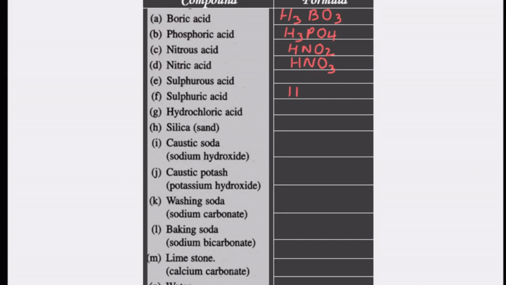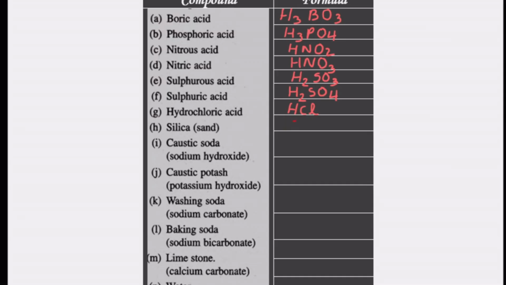It is H2SO4, and the formula of sulfurous acid is H2SO3. Hydrochloric acid, we already know it is HCl.